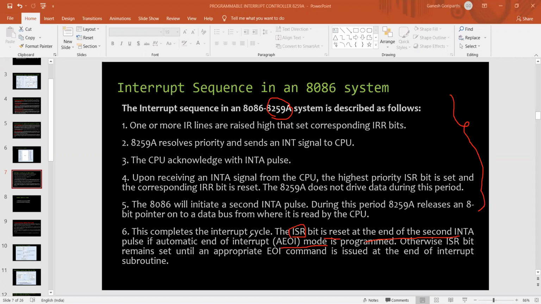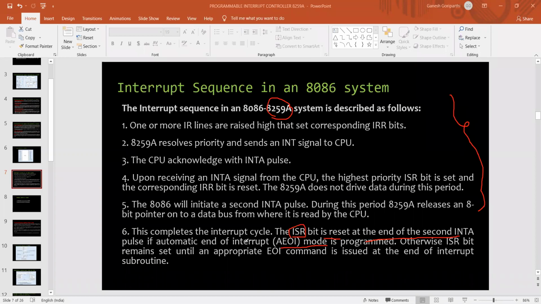That particular interrupt will be automatically ended, and the CPU will get ready for the second interrupt request from the other peripheral devices. If it is not programmed in AEOI mode, that means automatic end of interrupt mode, we have to reset that particular ISR bit.